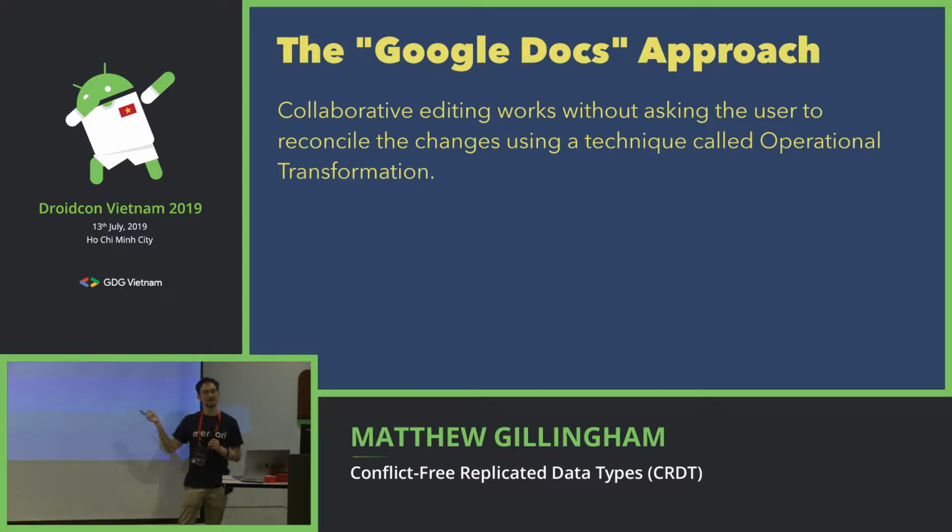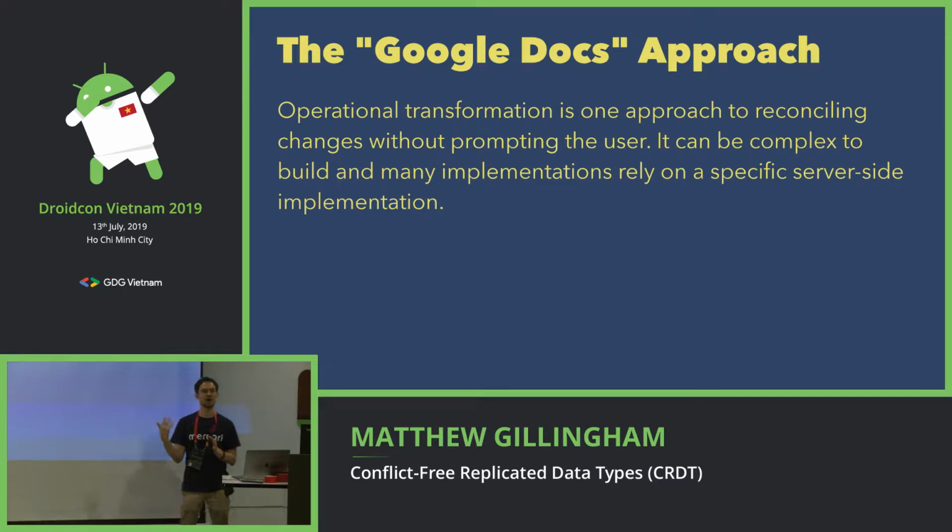Also, you need to have a specific server-side implementation in order to do this. So you're probably designing your whole system up front around this problem of wanting a collaborative editing environment. That's the case when you might want to look at a solution like operational transformation.